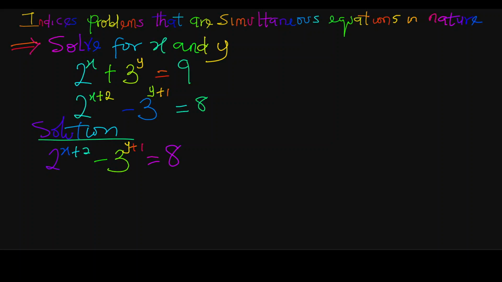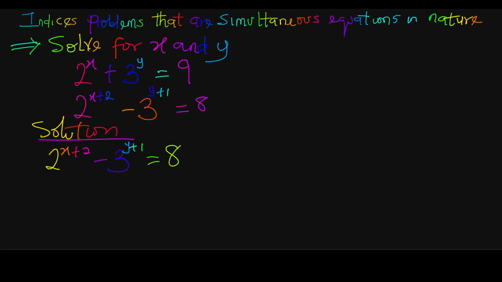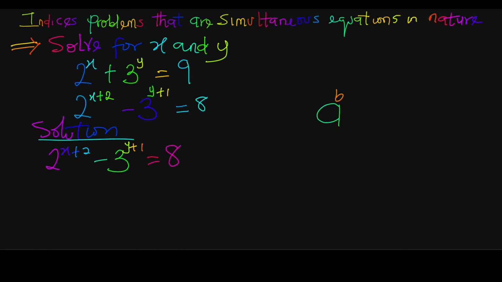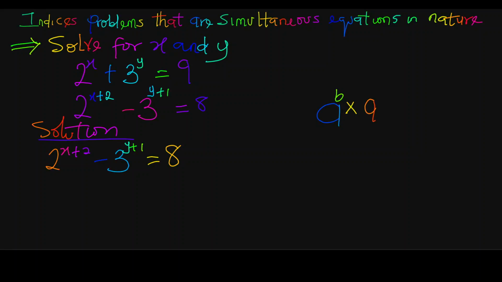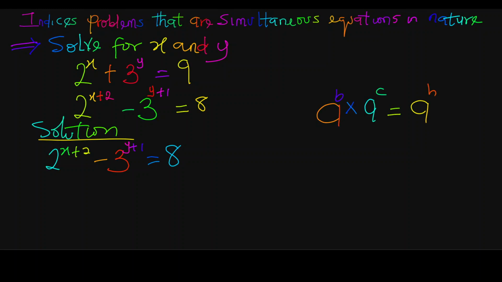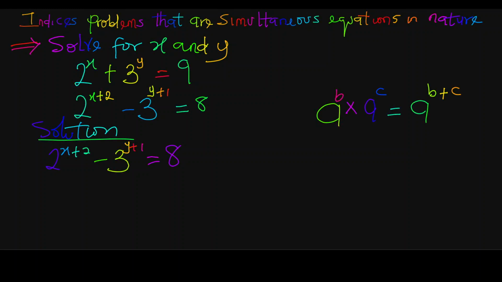So we are going to be breaking down this equation, simplifying it, splitting it. And don't forget, in indices, when you have a raised to the power of b multiplied by a raised to the power of c, the result is a raised to the power of b plus c. You add the powers.